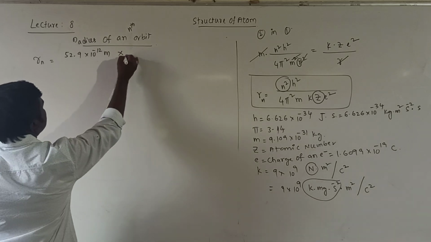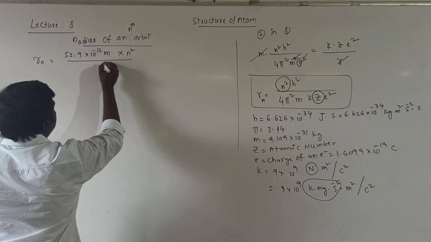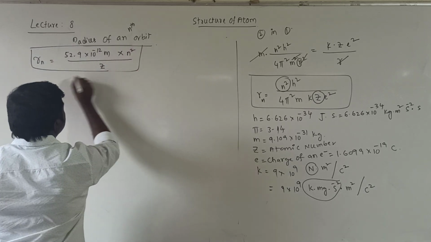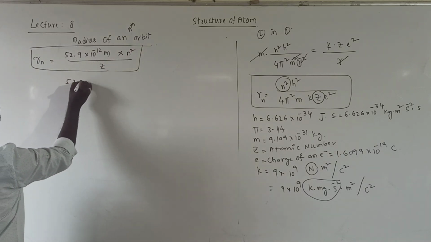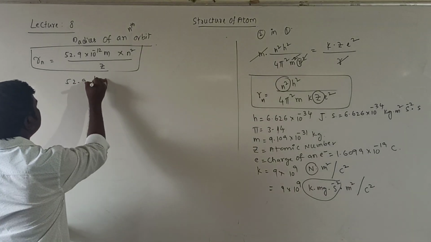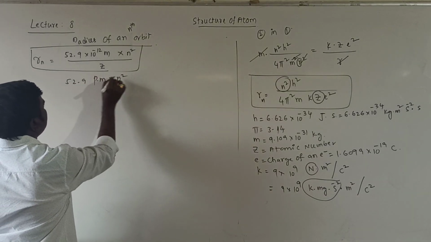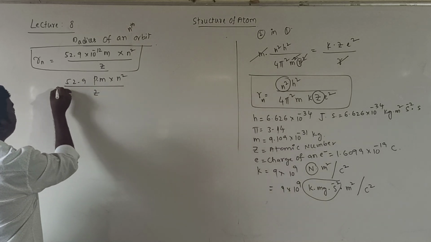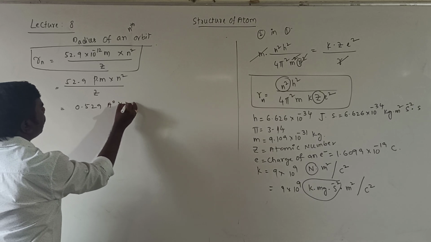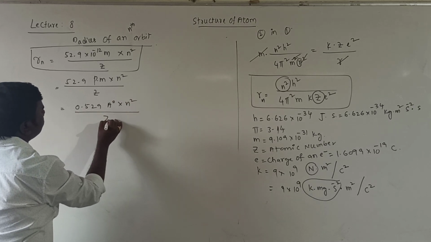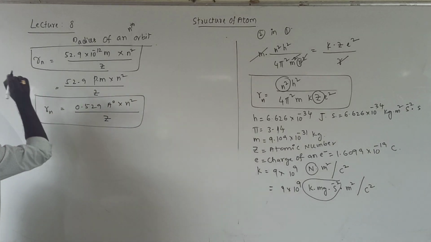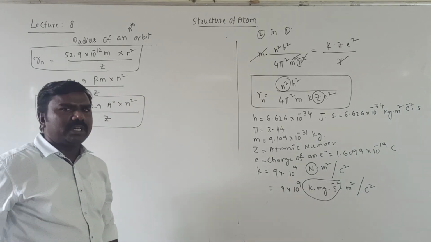This is the formula for us. 52.9 into 10 to the power of minus 12 meters means picometers, into n square by z, or 0.529 angstrom units into n square by z. In angstrom units I have taken, students. Right? This is the formula.